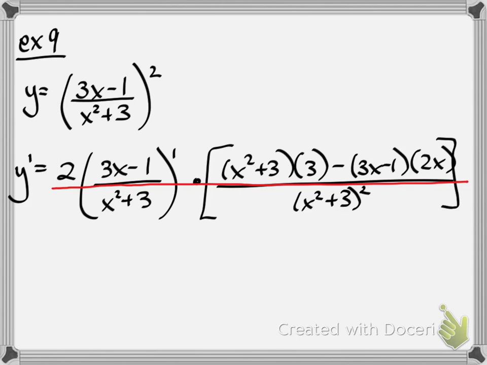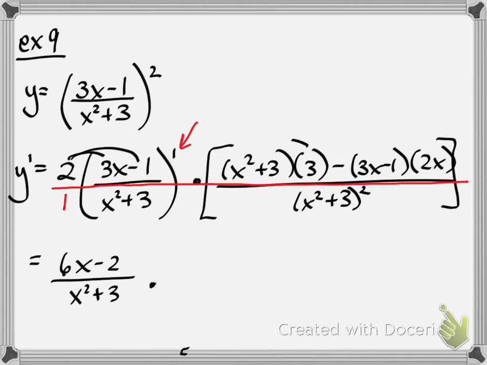Let's see, so let's simplify this a little bit. This power of a 1 is doing nothing, so my parentheses really don't mean anything other than I can multiply by the 2. So let's go ahead and distribute the 2 here over here. Let's distribute.